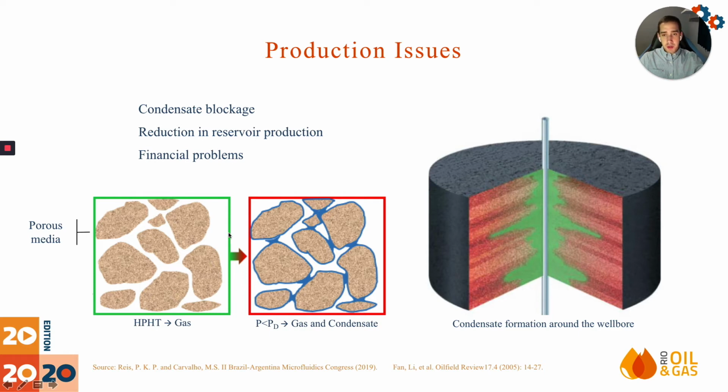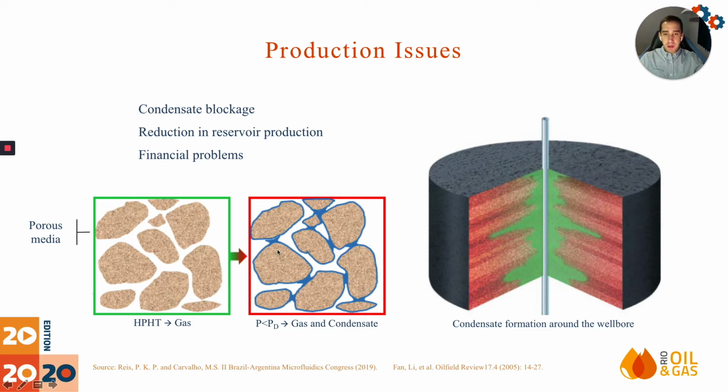Here we have two images for us to imagine the phenomenon better. In this first image, we have the reservoir at high pressure and high temperature. So we have the matrix, and the gas is in this white part, and we can see that the gas can flow very well in the reservoir.